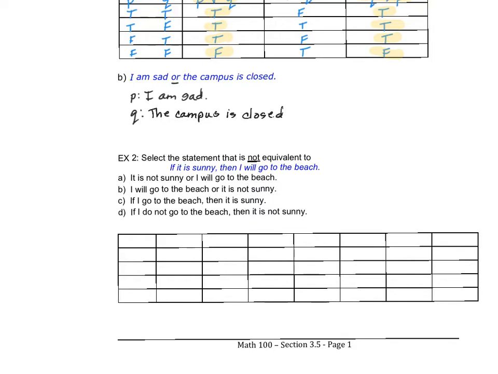So this statement in symbolic form is P or Q. And I know that that's equivalent to, if not Q, then P. So that would be if not Q. So if the campus is not closed, then I am sad.